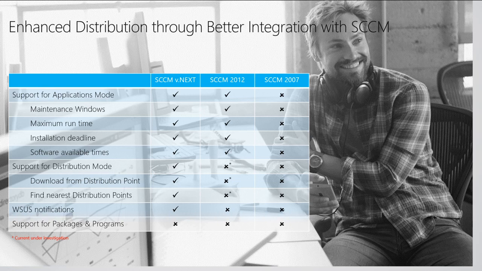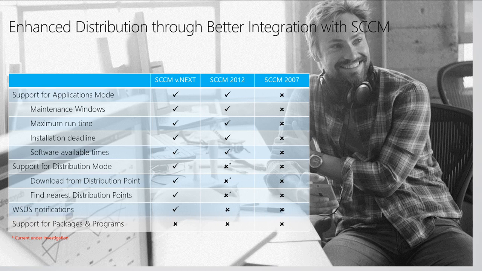It means we're going to start being SCCM aware. SCCM can start taking over Office and saying, hey, this is what I want you to do, and do it right. Understand what my maintenance windows are. Run it at this maximum time. I mean, it kind of does that already to a point, but not as well integrated as it could be.